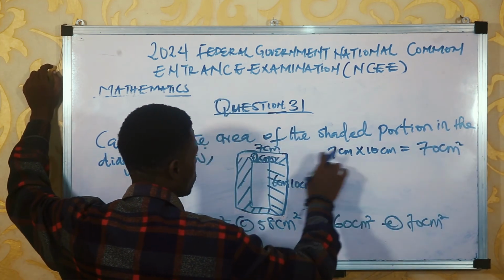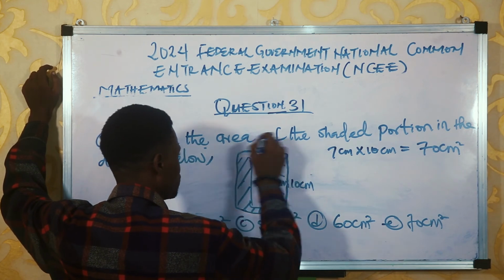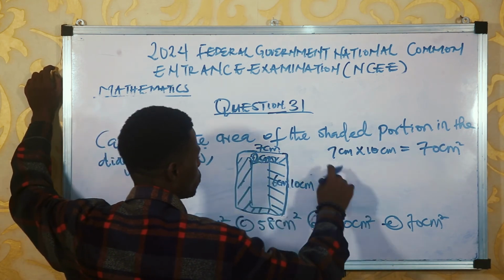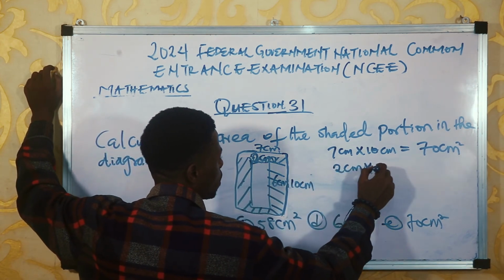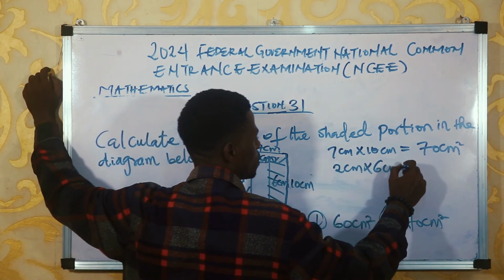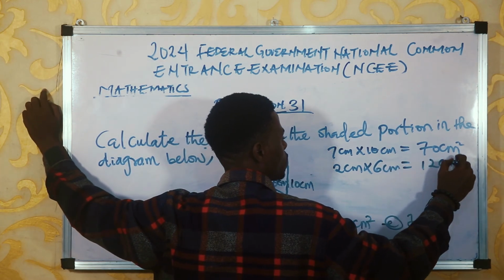In this place we have another one, which is 2 centimeter and 6 centimeter. So we have 2 centimeter times 6 centimeter, which is 12 centimeter square.